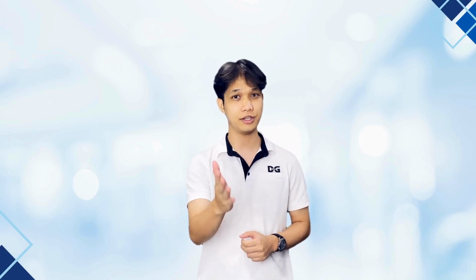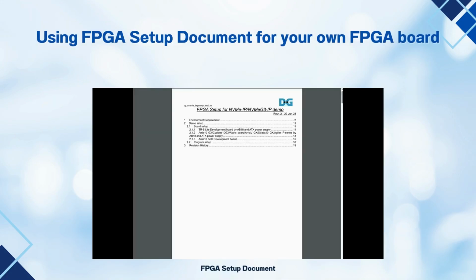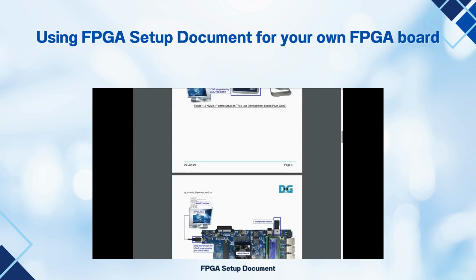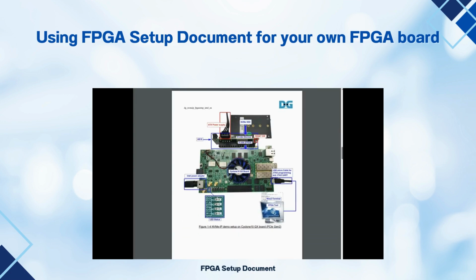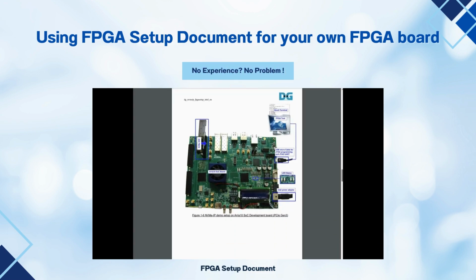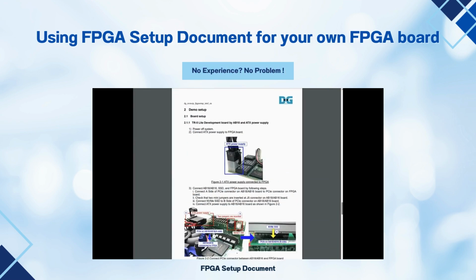But don't worry if you don't have the exact FPGA board, we got you covered. Inside our FPGA Setup Document, we provide a basic setup guide for multiple FPGA boards. So, even if you are a beginner, you can follow these steps and complete the setup on your own. With this, anyone can get started with the NVMe IP, no matter which FPGA board you have.